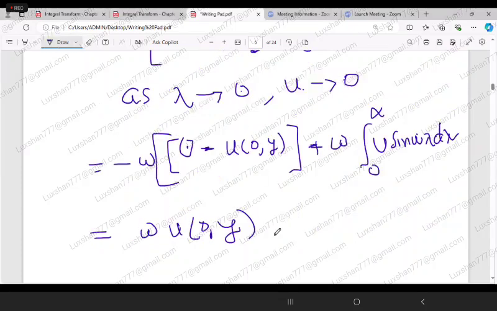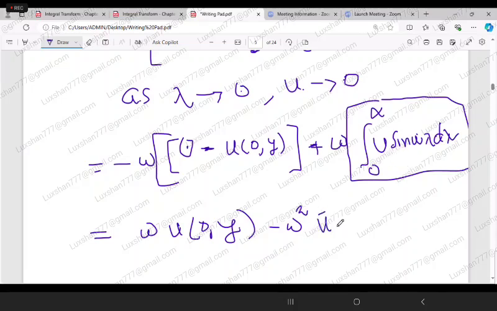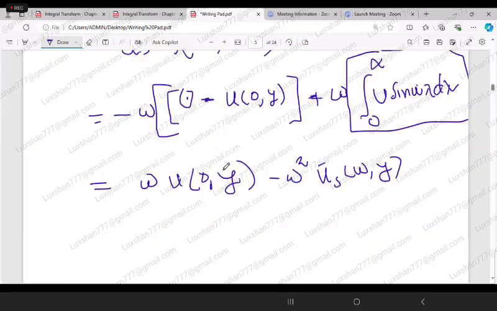And when you multiply this one, we get minus omega squared, and this is nothing but the sine transform of function u, so this is ū_s(ω, y).